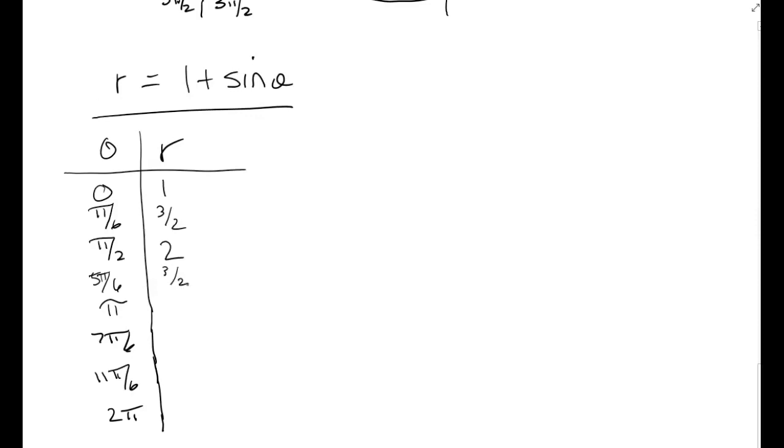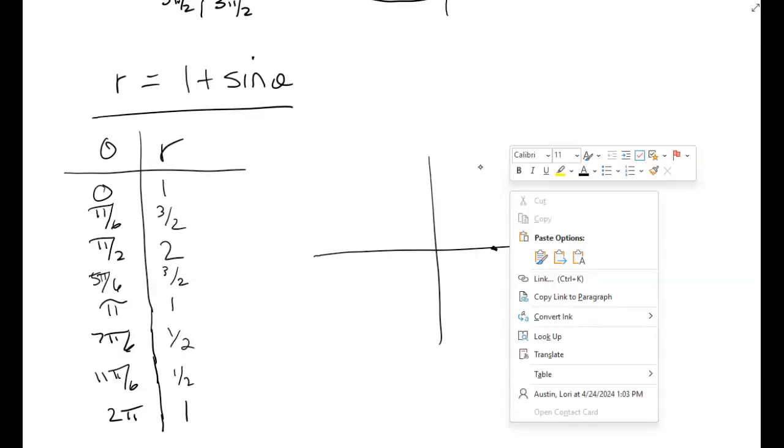You can go ahead and you'll start to see a little pattern. And then you come over to your polar grid and you kind of start to graph them. And you see they come out a little bit, right?